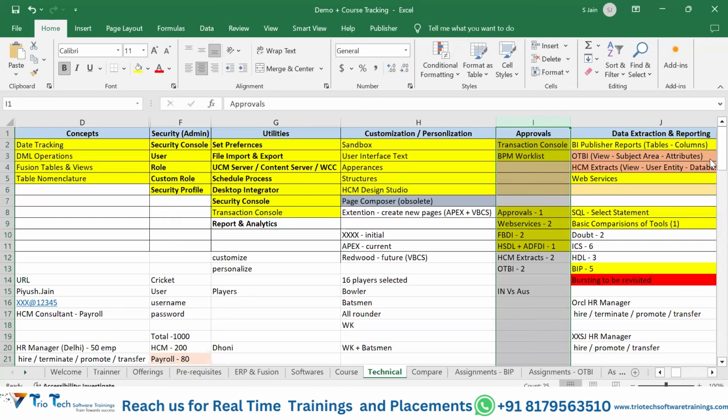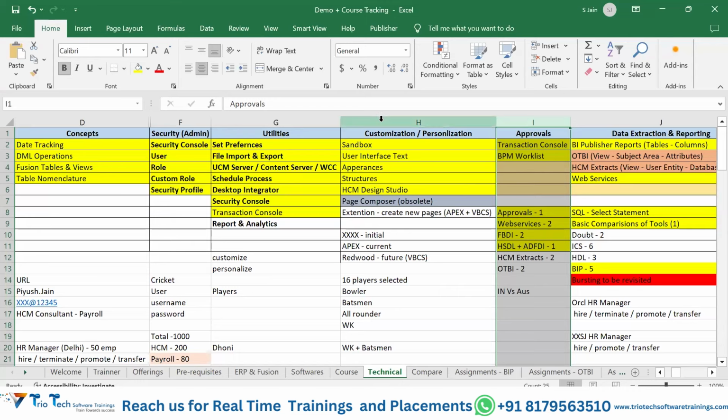Your client says that whenever I am hiring an employee for India, it has to be approved by the HR manager. If I am hiring an employee for USA, it has to be approved by the HR manager, then the line manager, and then the HOD. So we are learning how to design custom approvals and custom workflows. That is one of the tools that we are going to learn.